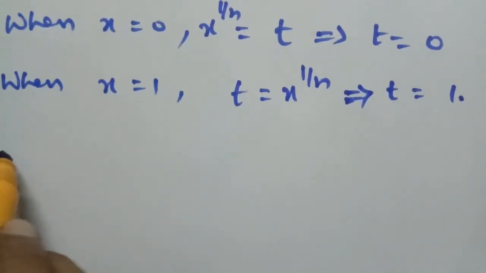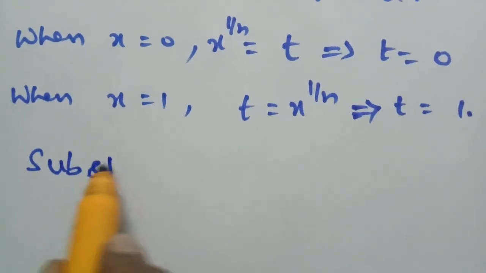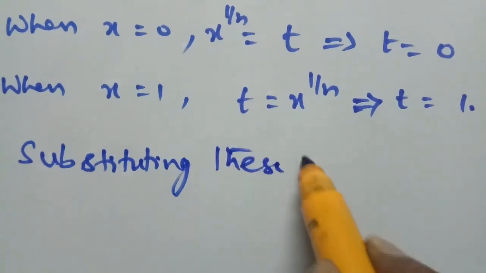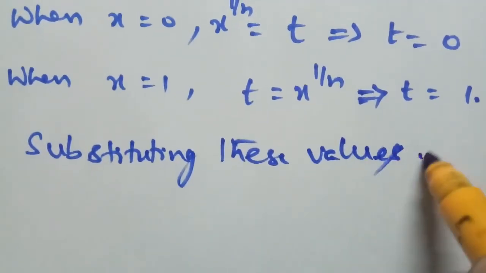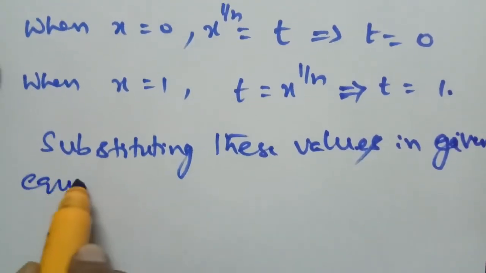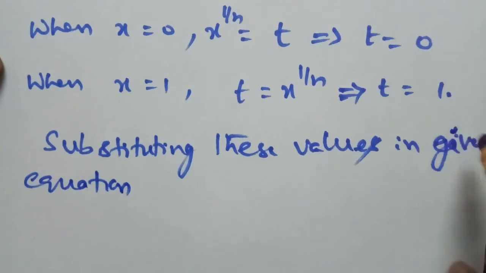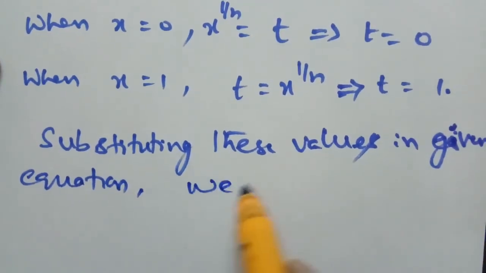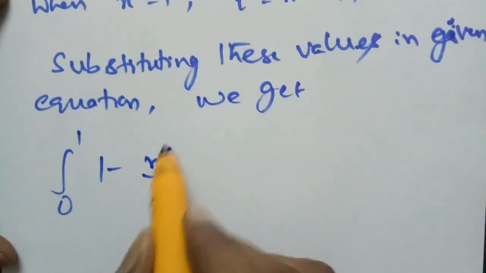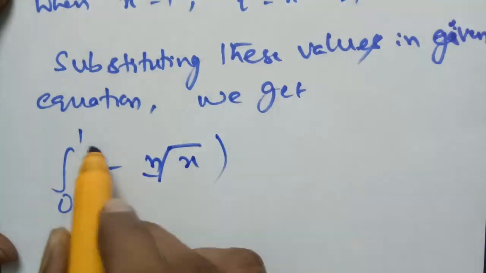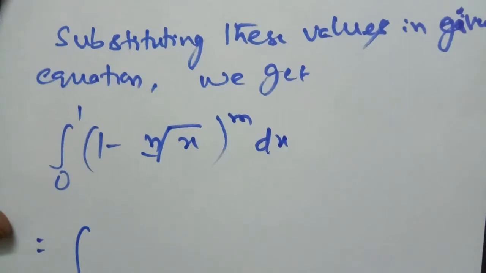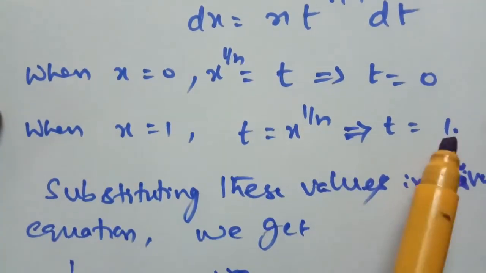Therefore, substituting these values in the given integration, we get integral 0 to 1 (1 minus nth root of x) whole to the power of m into dx, that is equal to limits 0 becomes 0, 1 becomes 1.